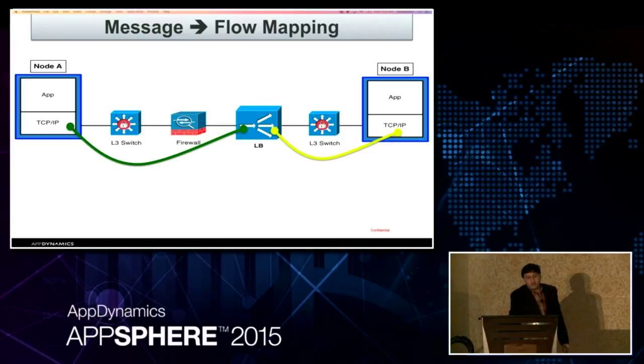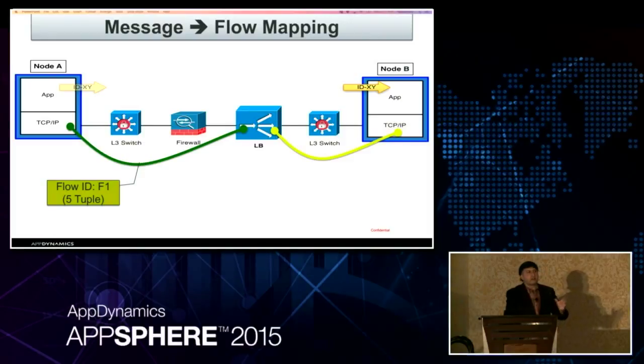The way we're solving that is because we have tag and follow technology, and that's how we draw our application flow maps. We know that a message of a business transaction went from node A to node B. And that transaction, in this case, went through a dark green TCP connection on the left-hand side and a light green TCP connection on the right-hand side.